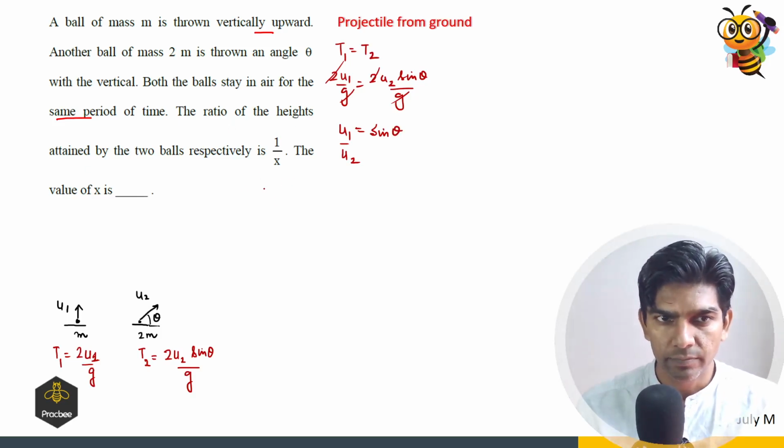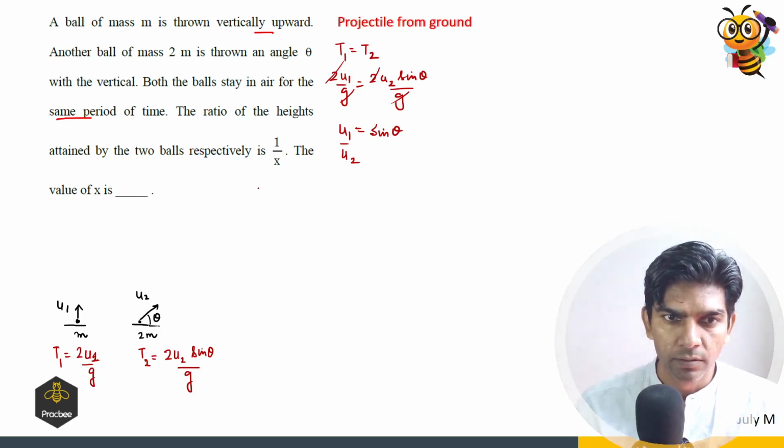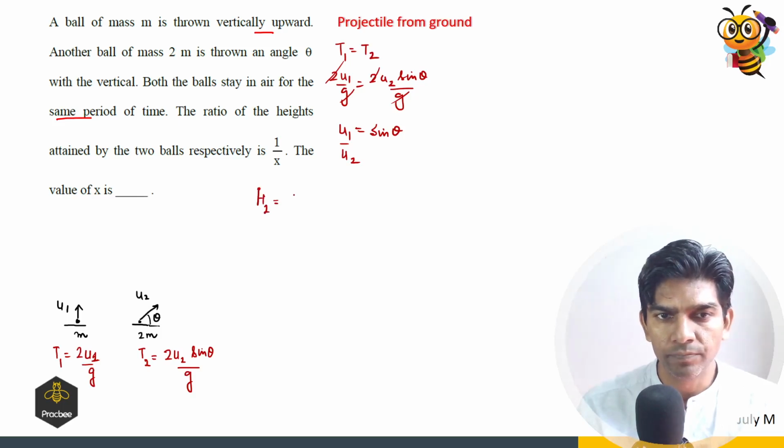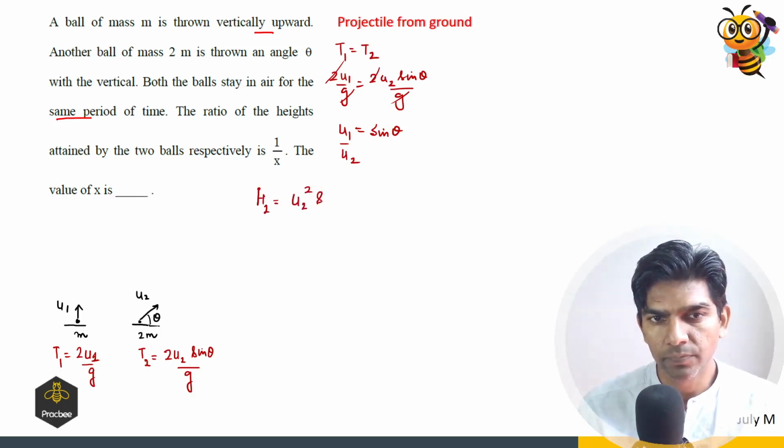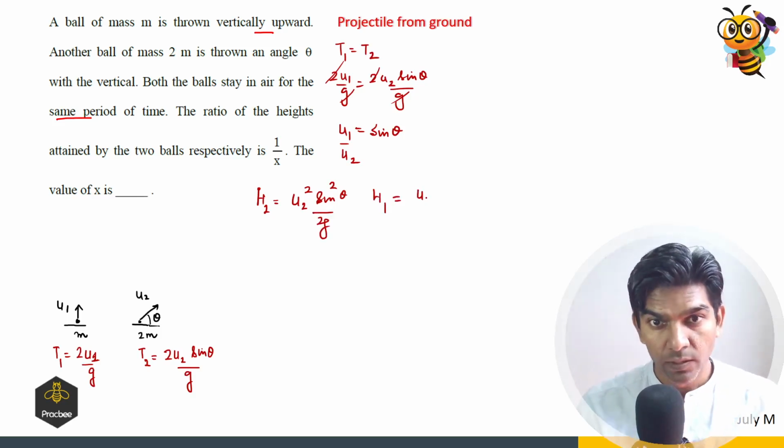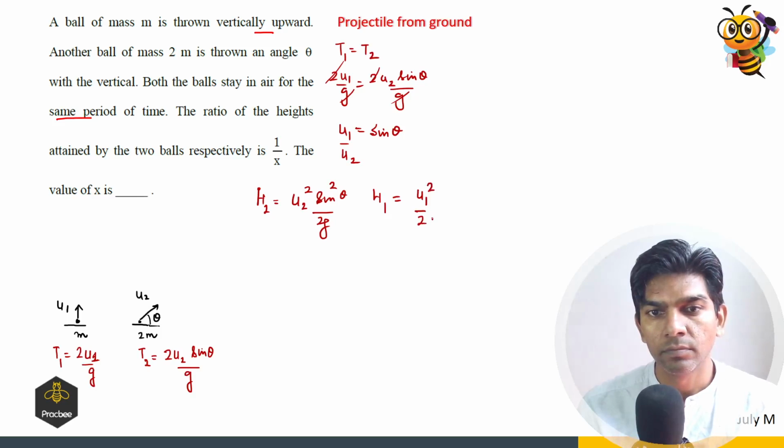So let us do that. So h2 will be u2 square sine square theta by 2g, and h1 will be u1 square by 2g.